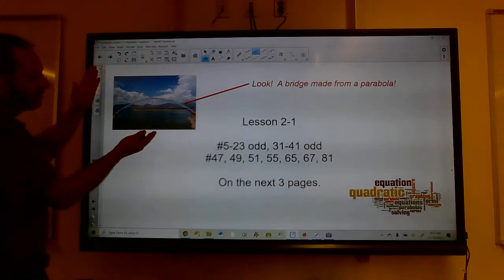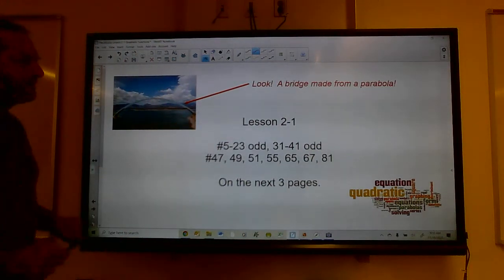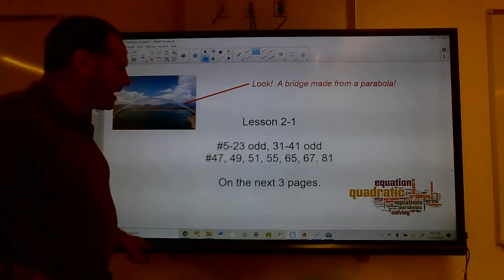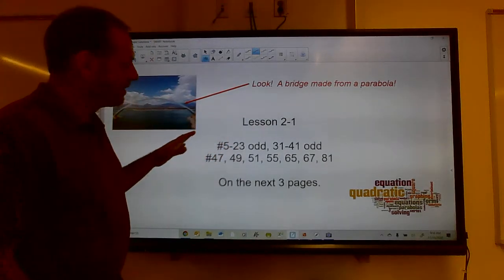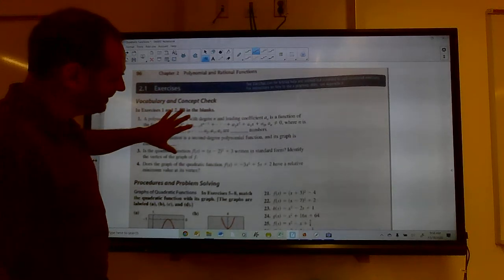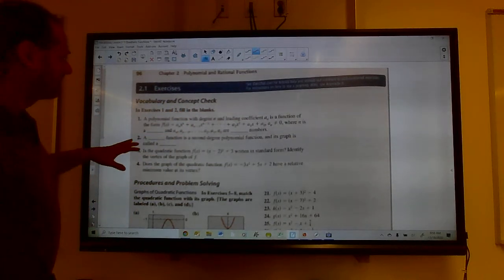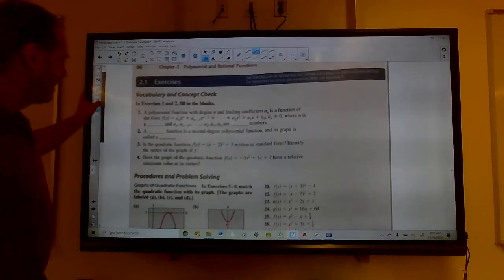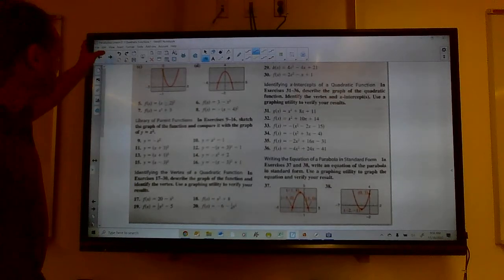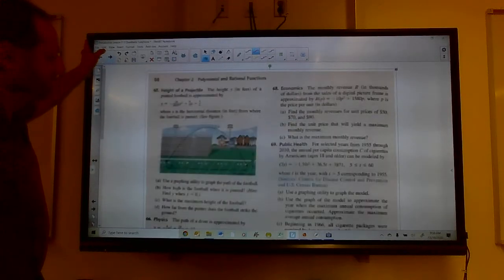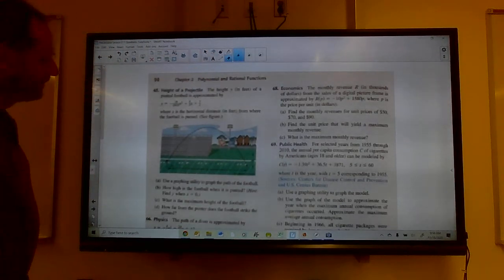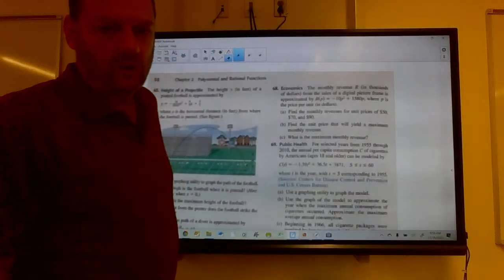Ooh, check this out, a bridge that is made from a parabola. How exciting. Okay, so here's your assignment. Since you don't have books, I took the liberty of adding the problems, and it's a little out of focus. I can't help that, that's the software, but it's all readable. Here are your problems right here, on the next 3 pages. If you have trouble reading it, let me know.